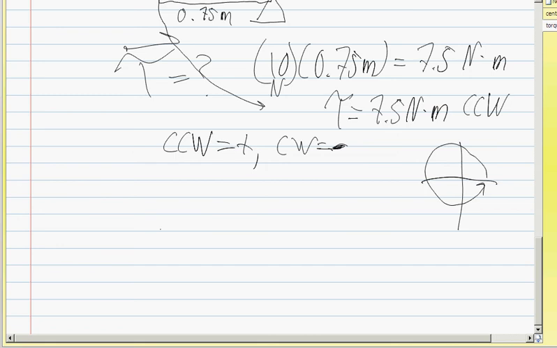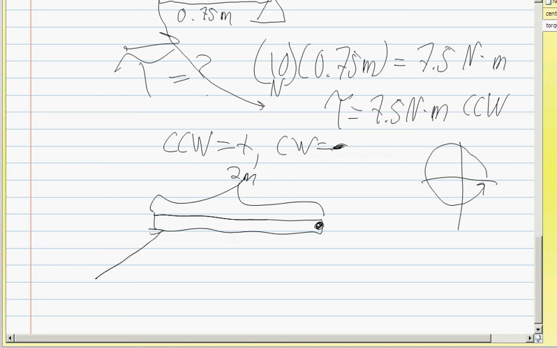We'll do another example real quick. Let's say that we have a rod here, and we have its pivot here. It's 2 meters long, and we put in a force like this, that of 120 newtons, and it's at 37 degrees. The old 3, 4, 5 triangle angle.